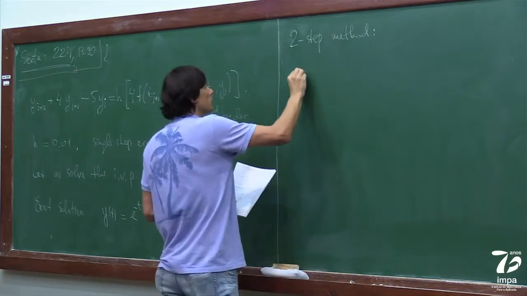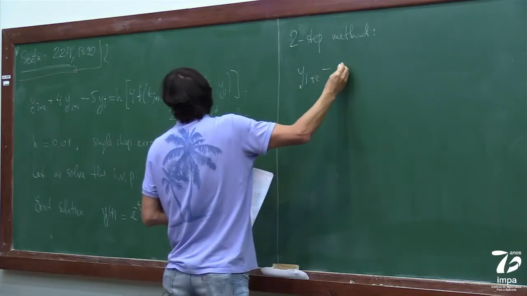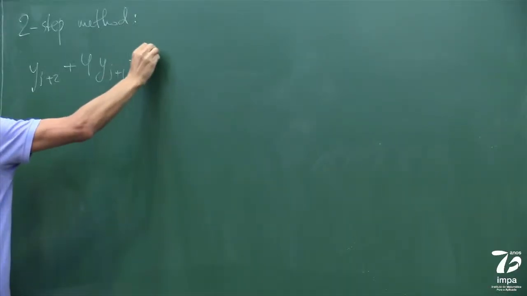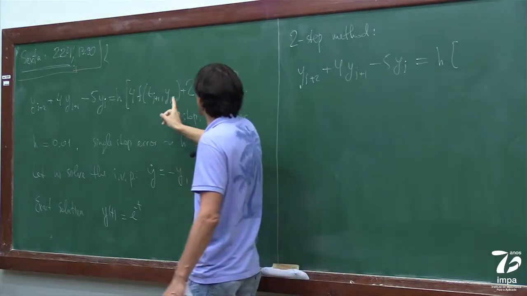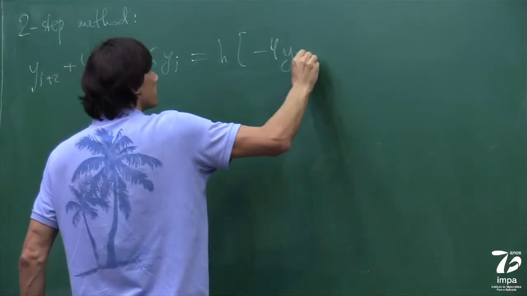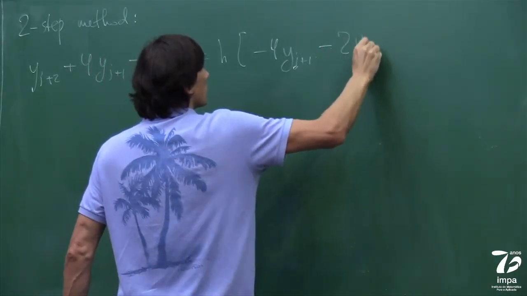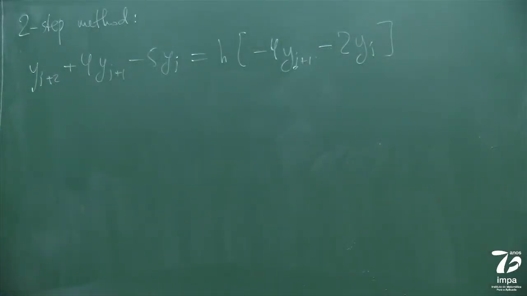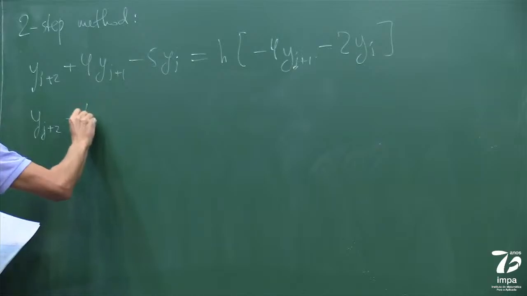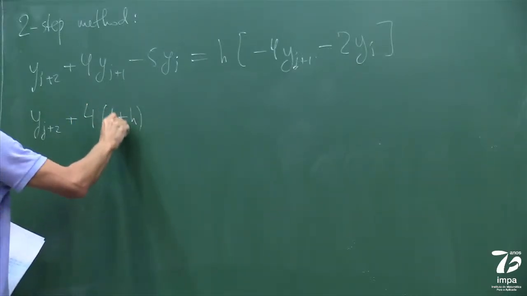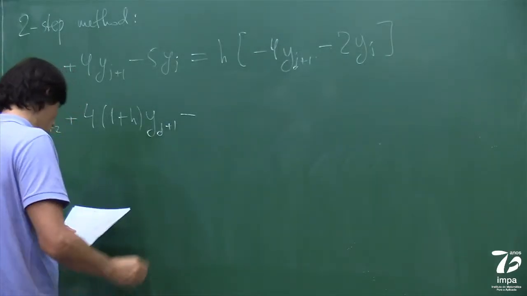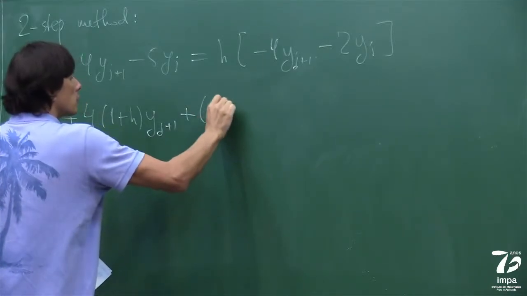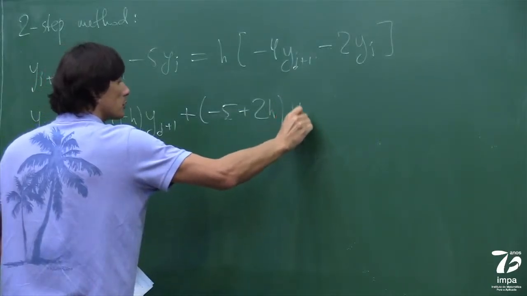Let's write it again: y_{j+2} + 4y_{j+1} - 5y_j = h times the function, which is now just minus y: minus 4y_{j+1} minus 2y_j. Put everything on the left-hand side, and you get y_{j+2} + 4(1 - h)... plus (-5 + 2h) y_j = 0.